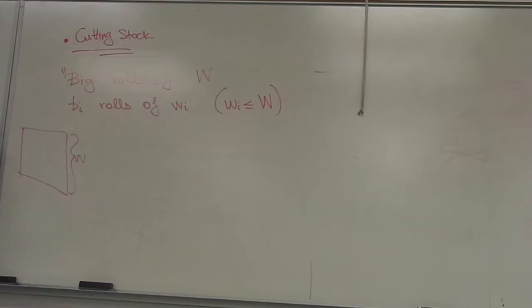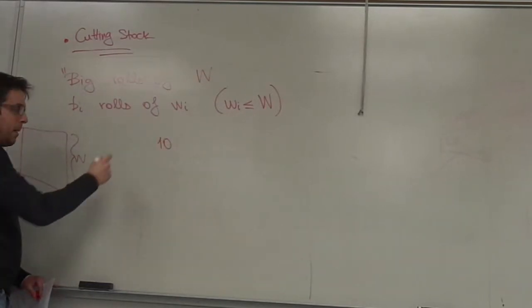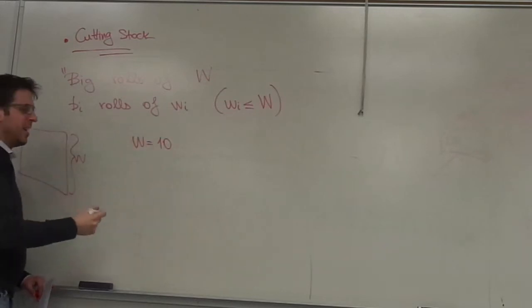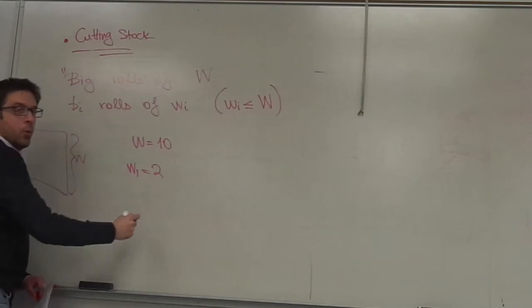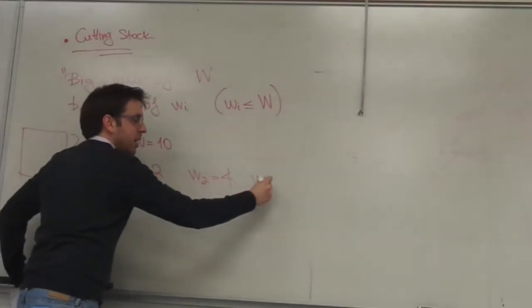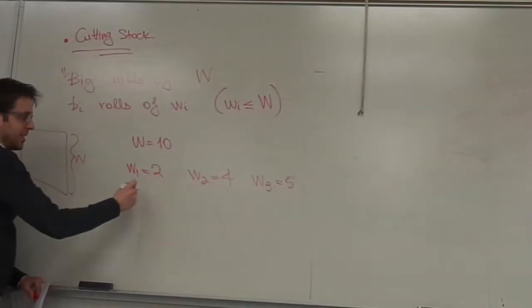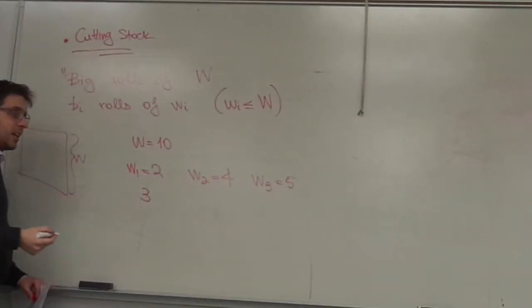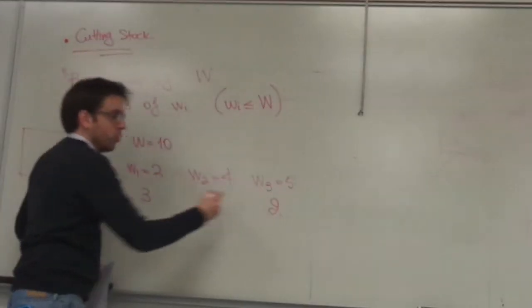So let's see a small example. Let's say that I have a width of 10, big W equal to 10, and let's say that I have 3 types of customers, w1 equal to 2, w2 equal to 4, and w3 equal to 5. And let's say that the first customer has asked for 3 of those, the second customer has asked for 2 of those, and the third customer has asked for 2 of those.